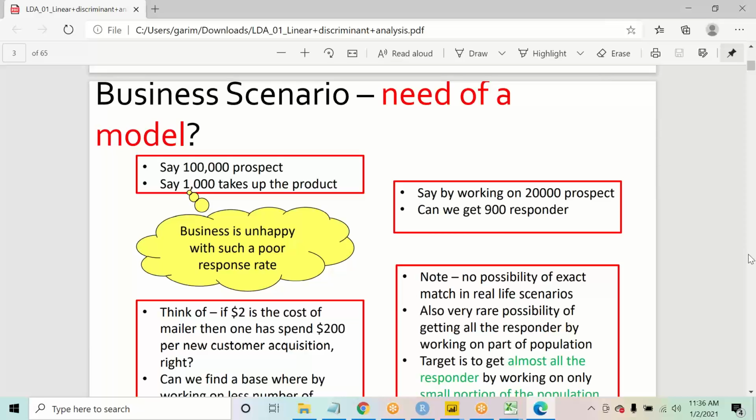Now, the purpose of these classification models is that, before distributing those 1 lakh pamphlets, you can do some analysis on the data.